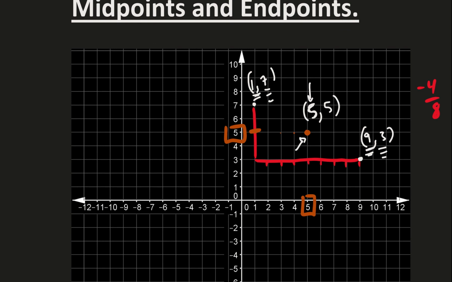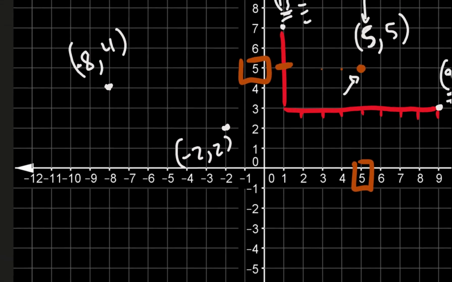So 8 comma 4, and I'm going to say that I've got a midpoint that's located at negative 2, 2. Oh, and by the way, this was negative 2 comma 2. And my question is, if negative 2, 2 is the midpoint, what's the location of the other endpoint? Where would I have to be at?